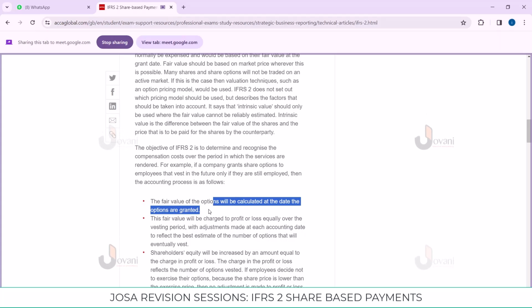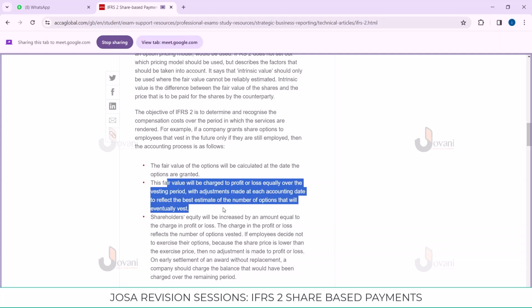And after doing that, we are saying this fair value will be charged to profit or loss equally over the vesting period, with adjustments made at each accounting date to reflect the best estimate of the number of options that will eventually vest. Here they're trying to tell you that you can issue equity shares to 100 employees, but after the first year, 2 can leave.